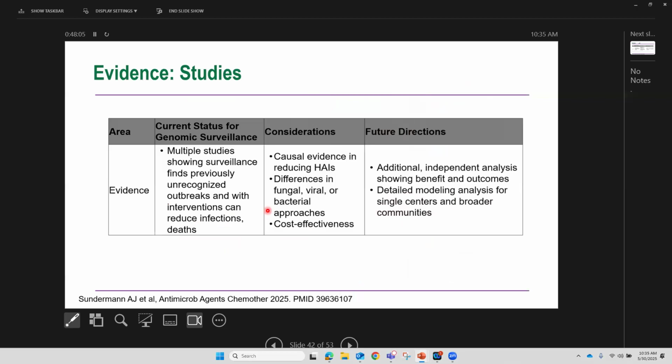I mentioned the evidence, and I really think there needs to be a lot more done in not only teaching hospitals, but also mid-level hospitals, as well as community hospitals, to get a sense of how widespread this should be. Should it be just in teaching hospitals? My sense is probably not, but that research has to be done.